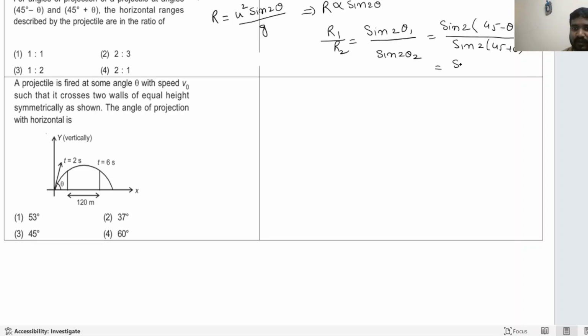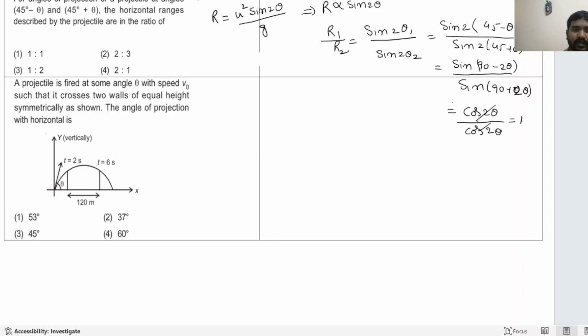So therefore you get sine of 90 minus 2 theta divided by sine of 90 plus 2 theta. So sine of 90 minus 2 theta is cos 2 theta, divided by sine of 90 plus 2 theta. So 90 plus 2 theta is in the second quadrant. In the second quadrant sine is positive. Hence you get cos 2 theta. Therefore both get cancelled. You get the answer is 1.